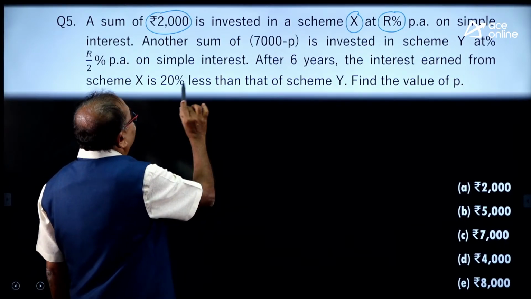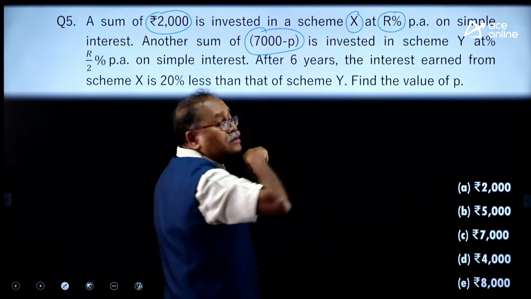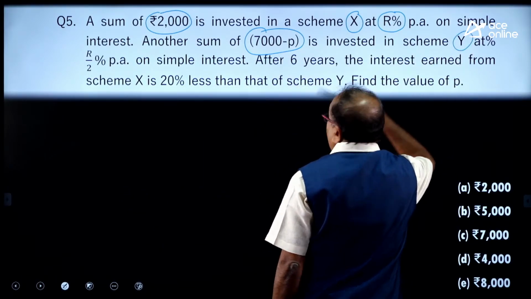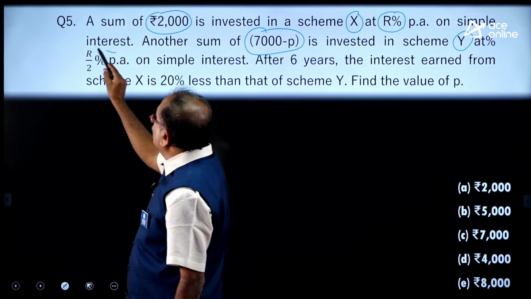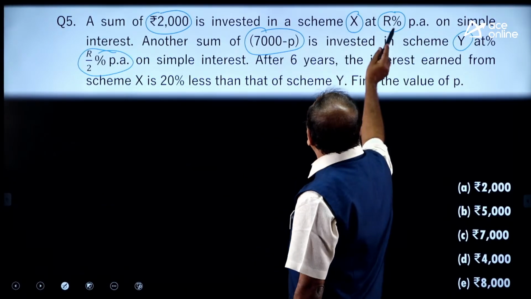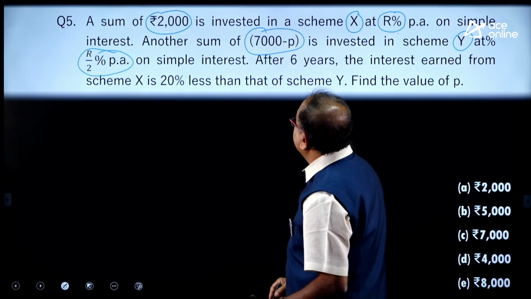Clear statement. Another sum of rupees 7,000 minus P is invested in scheme Y at R by 2 percent. Good. The first one is given at R percent, the second one R by 2 percent.